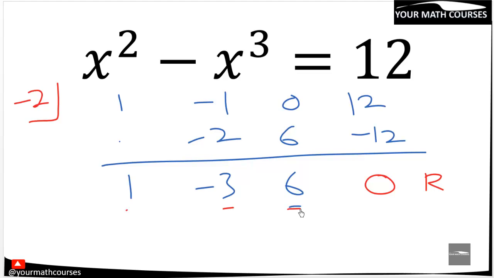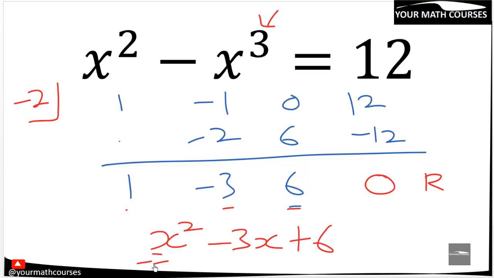So the quotient will be 1x squared minus 3x plus 6. Since it is a cubic polynomial, when we divide by x plus 2, we are supposed to get a quadratic polynomial.